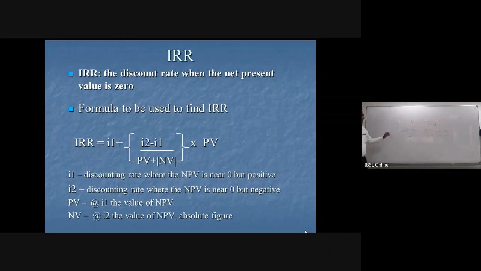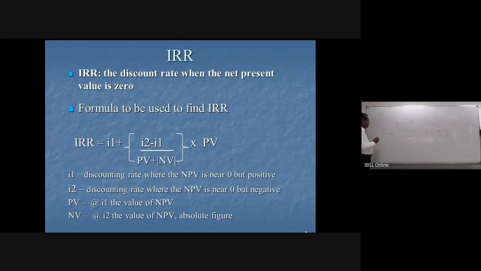So you apply 20%, find out the NPV. We say it is positive 3000. Example, when you apply 20%, NPV is positive.